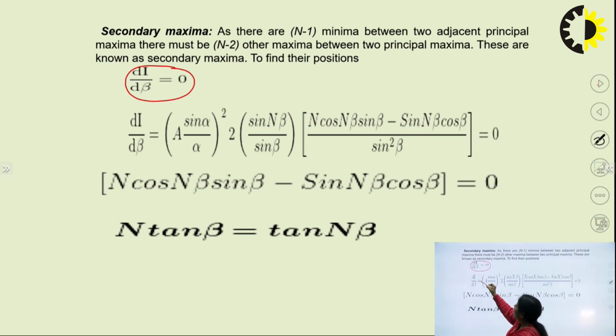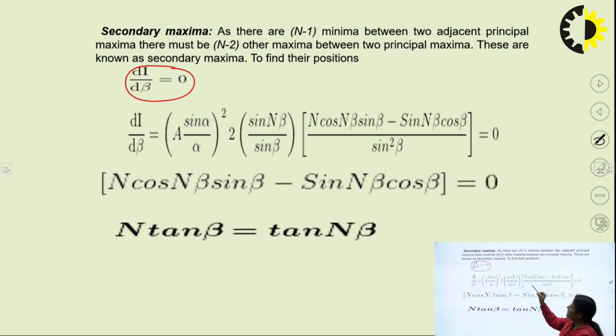So we differentiate this intensity expression like this. When we differentiate, this is alpha, it will not be affected by the beta differentiation. And the next part is (sin N beta by sin beta) squared. So this whole part will be differentiated. And now this entire expression dI by d beta will be equal to 0.